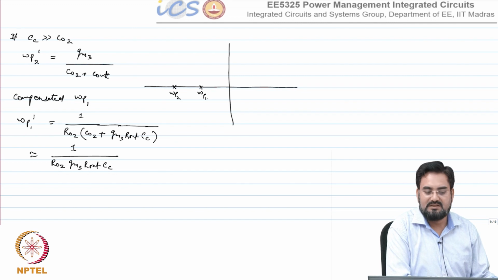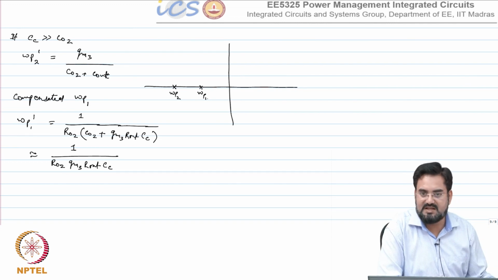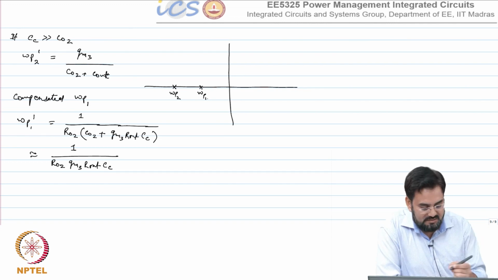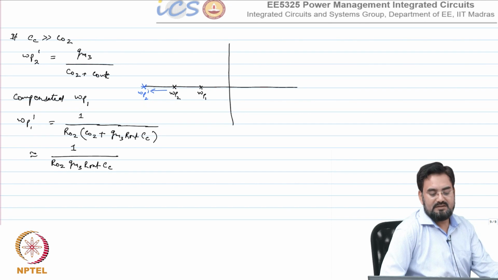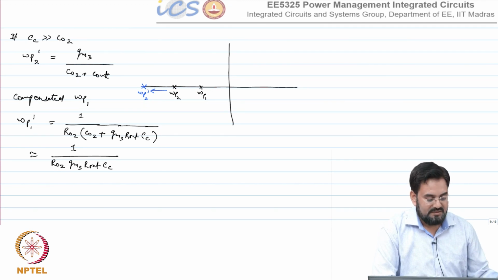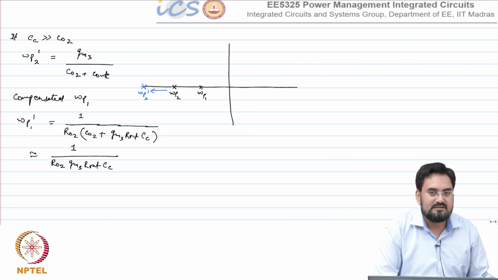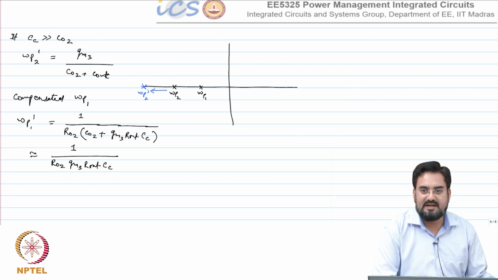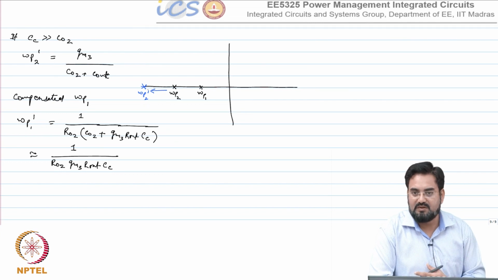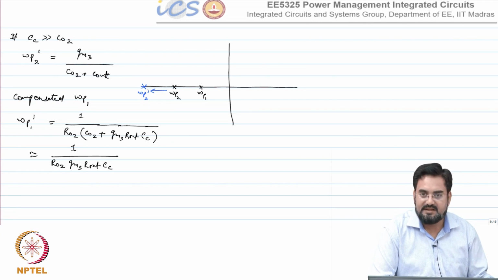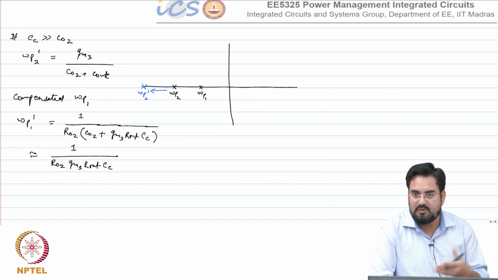Higher frequency, because Gm3 will be much larger compared to the 1 over R term. What is happening to omega P1? That is multiplied by gain. So C is multiplied by gain, so it will push by the same amount. If your gain is, let's say, A, then that will become omega P1 over A.